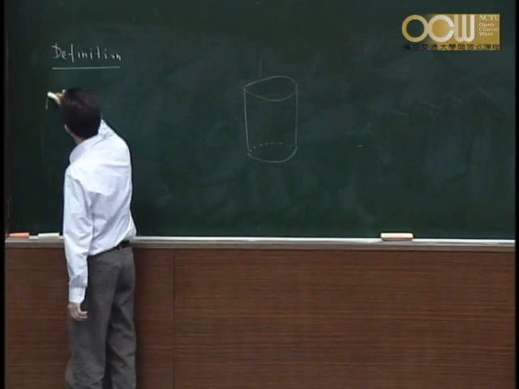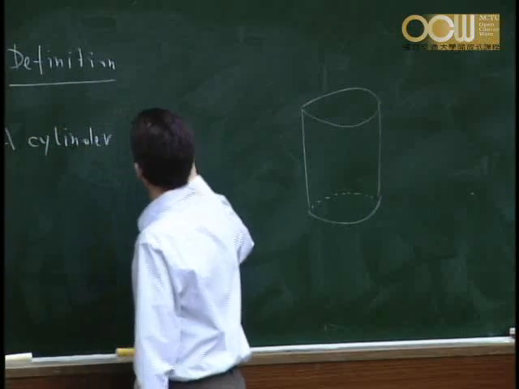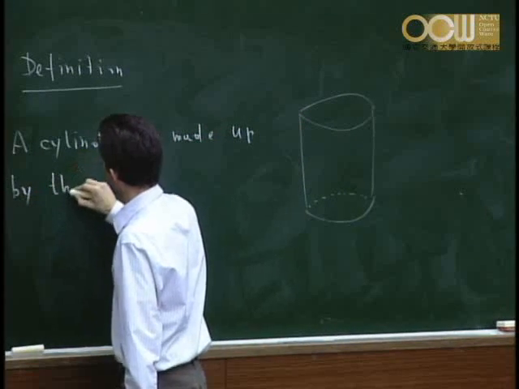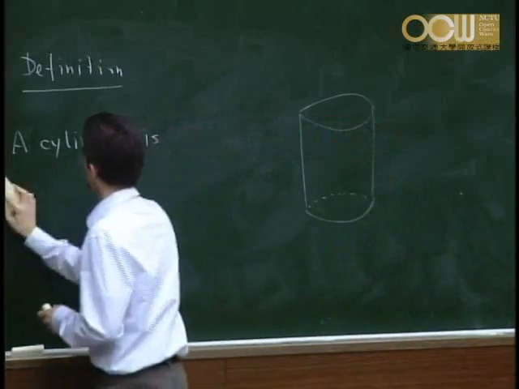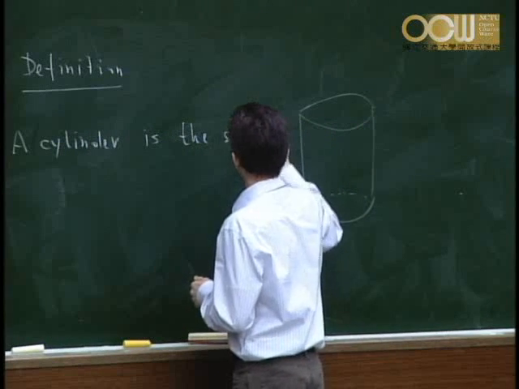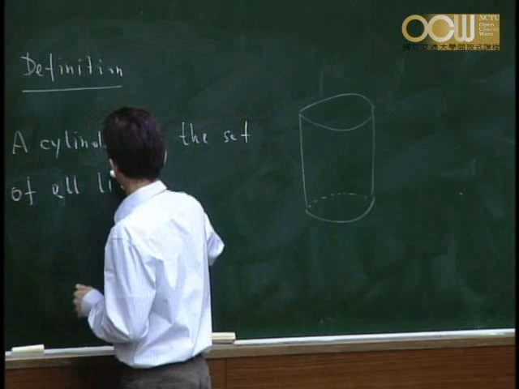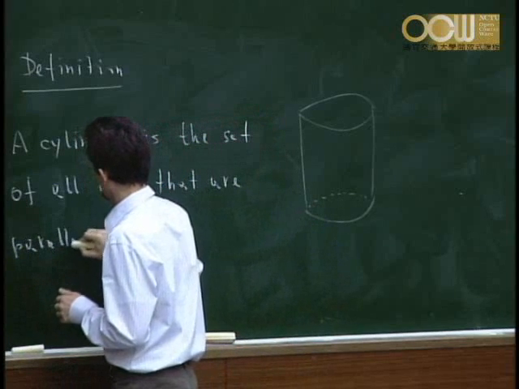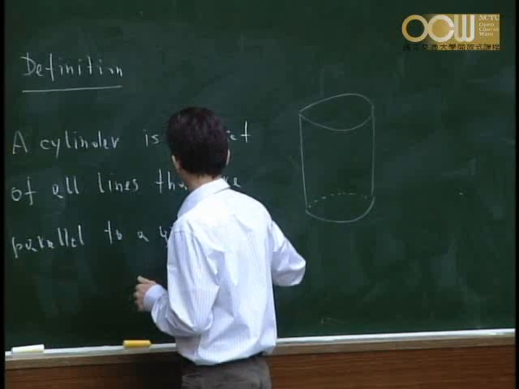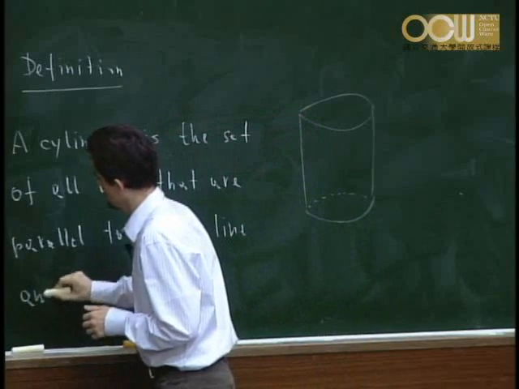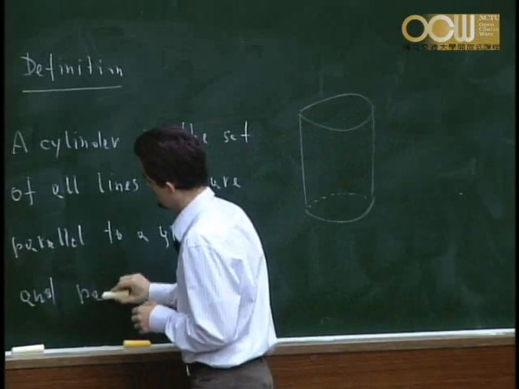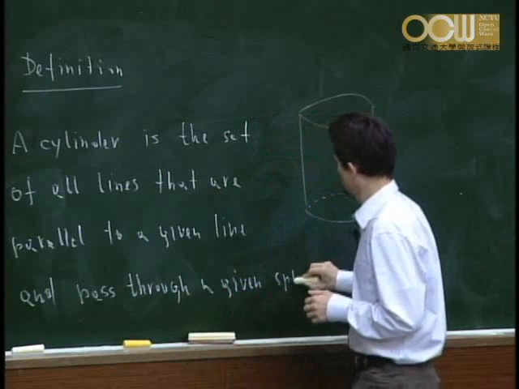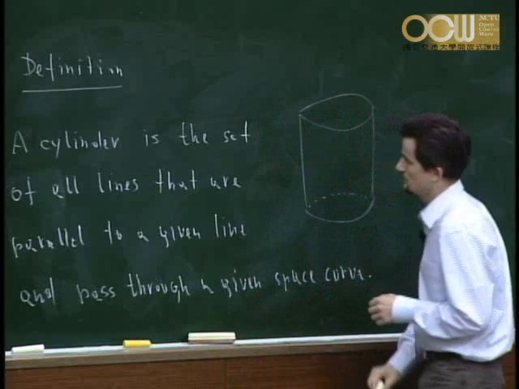A cylinder is made up by the set, or maybe even more formally, it's the set of all lines that are parallel to a given line and pass through a given space curve. Okay, so this is for us a cylinder.